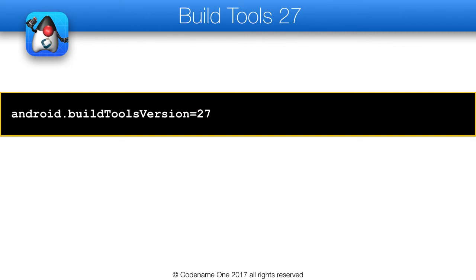Unfortunately, if you go through all of that, things still won't compile because of the old build tools version and target. So we need to use the latest version of build tools, which Camera Kit depends on, specifically android.buildtools version 27. This line is a temporary fix.